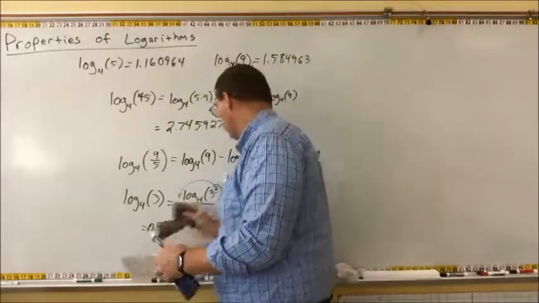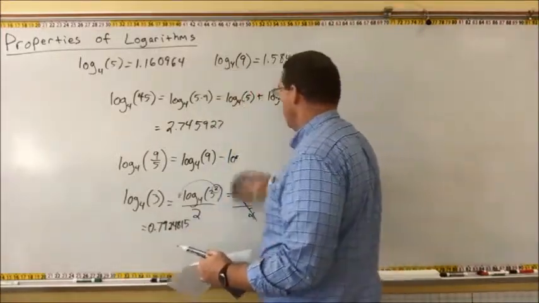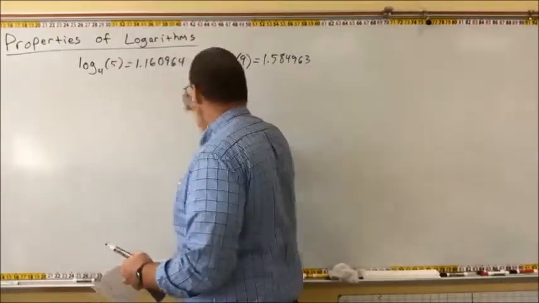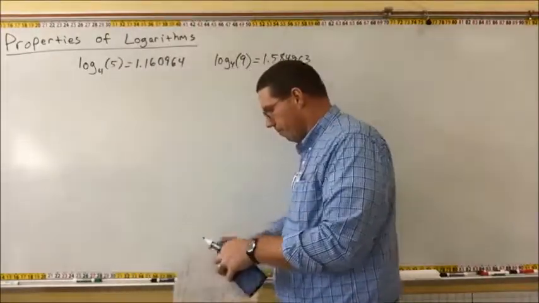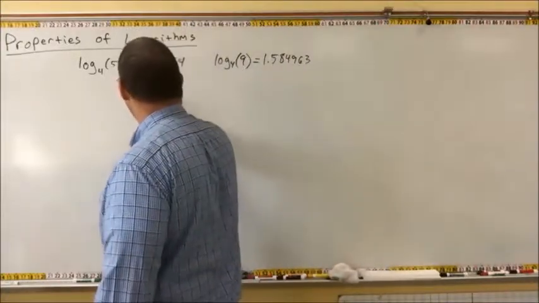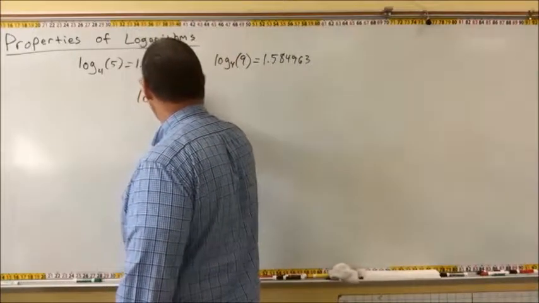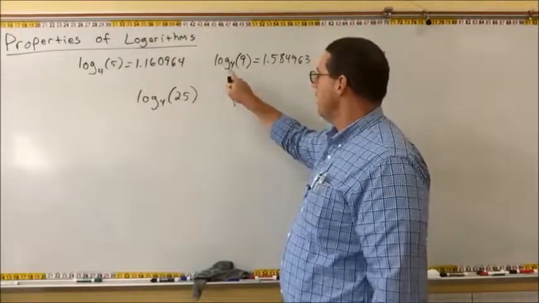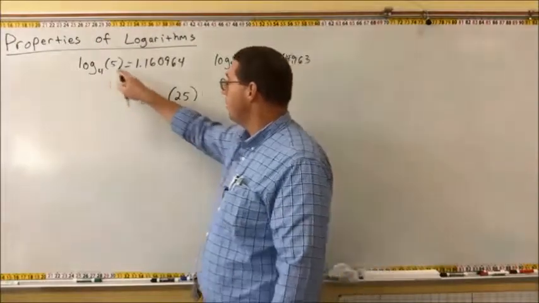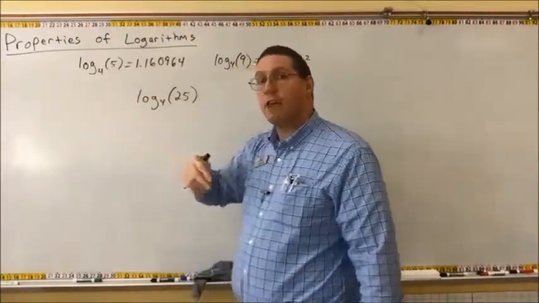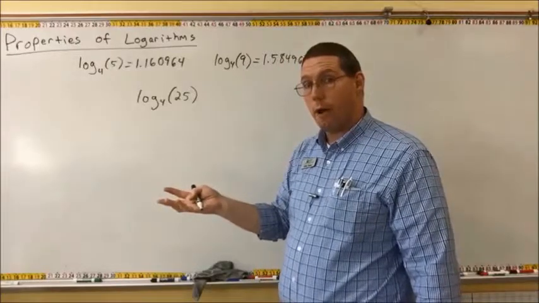Let's try 1 or 2 more of these fun puzzle-like things that make use of the properties of logarithms. Let's try log base 4 of 25. Well, how is 25 related to 9 or related to 5? Well, isn't 25 5 squared, right?